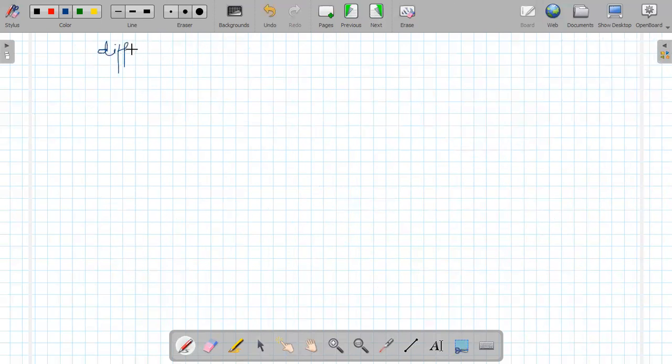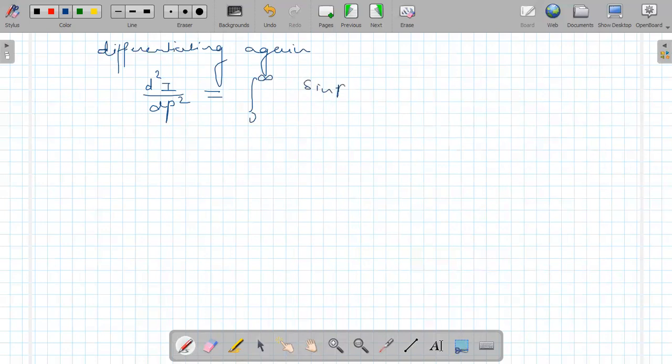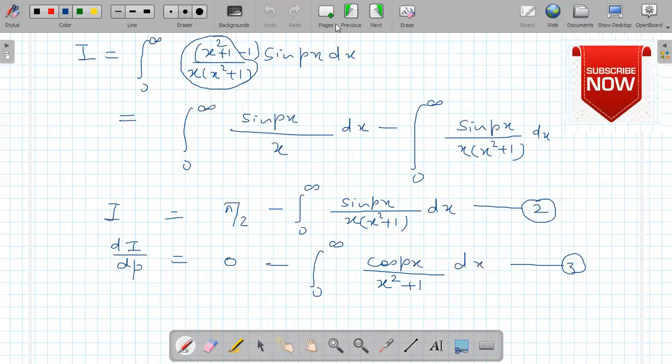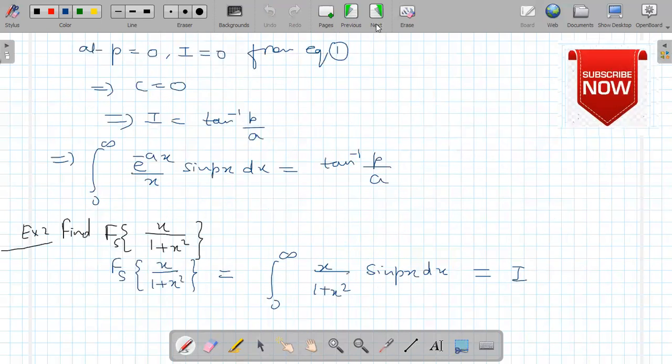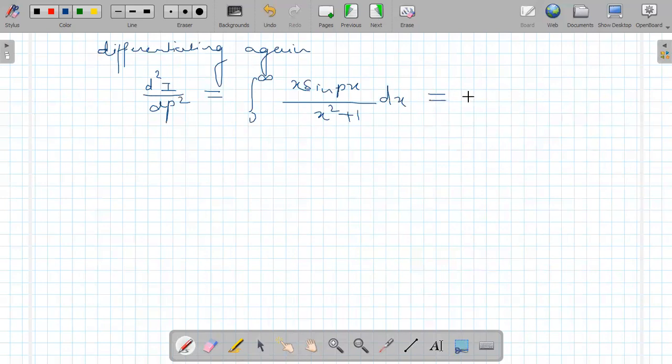Differentiating again, we get d2i over dp square is equal to integration sine px multiplied by x over x square plus 1, and this is nothing but I. इसको ही आपने I माना था, है ना? तो we can replace it by I.